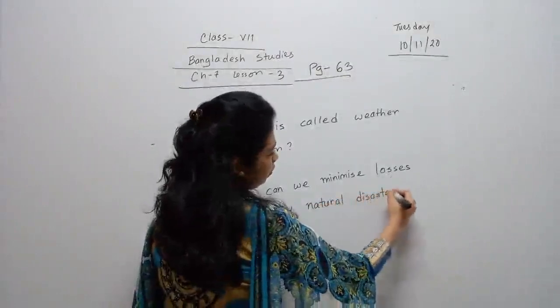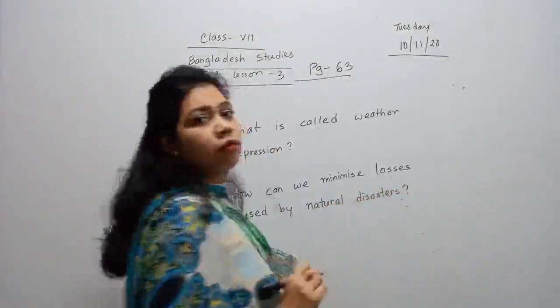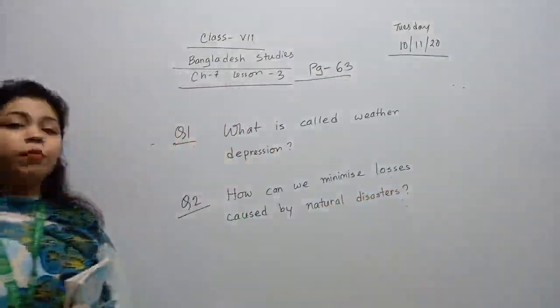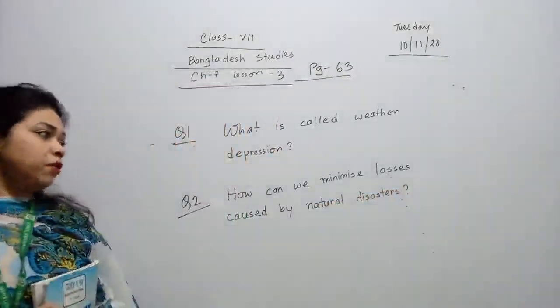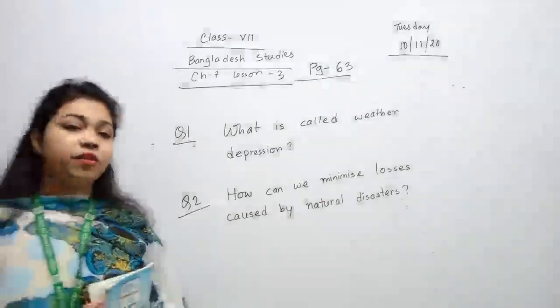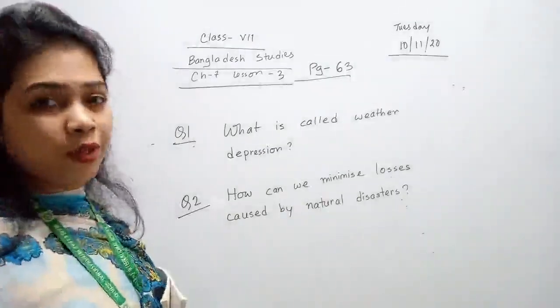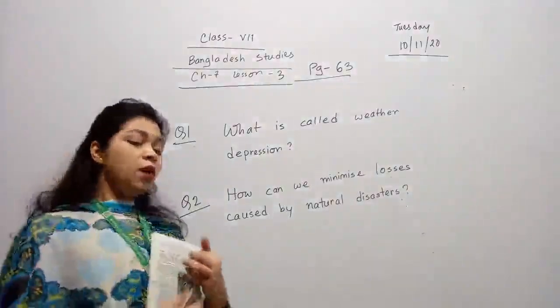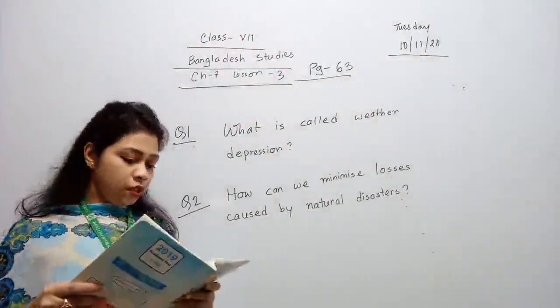Just two things only, not more than that. What is called weather depression? How can we minimize losses caused by natural disasters? These two answers, okay? What is called weather depression?